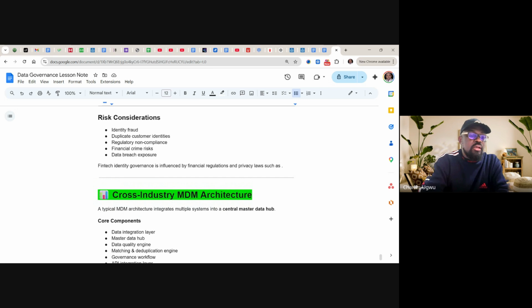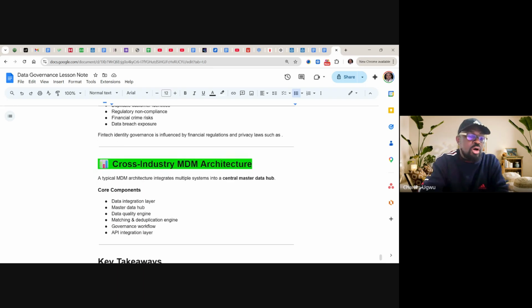Okay. Across industry, a cross-industry master data management architecture typically integrates multiple systems in a central master data hub. Core components: every master data management architecture as a best practice must have a data integration layer. I told you that's why Microsoft is unbeatable.